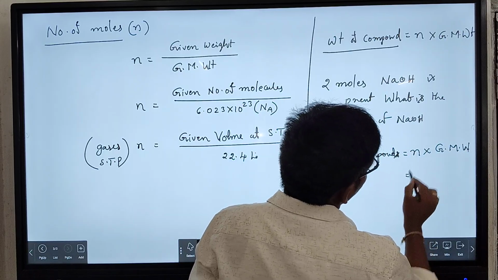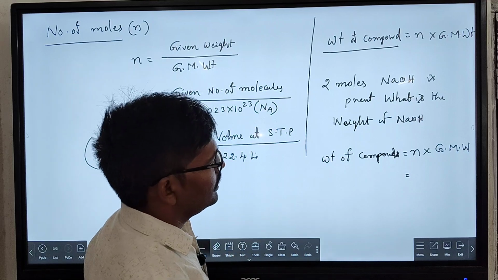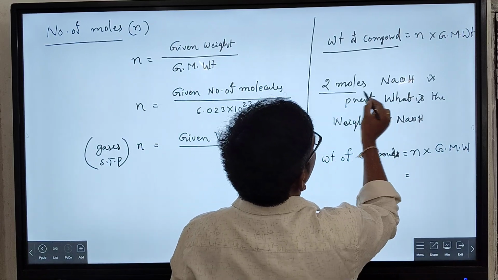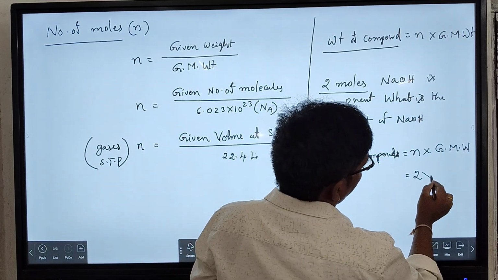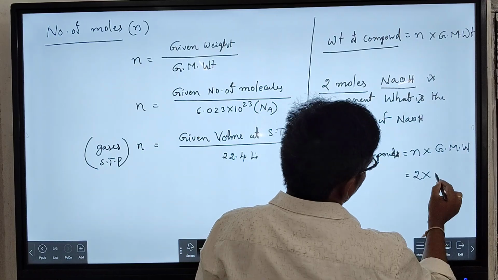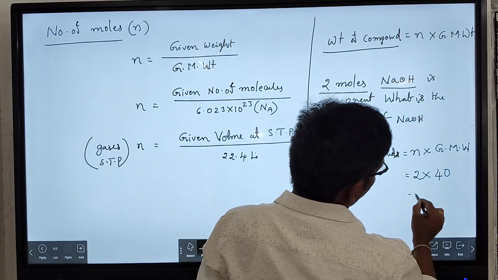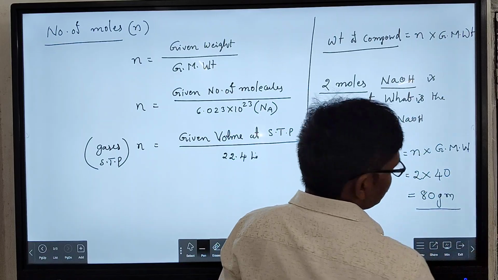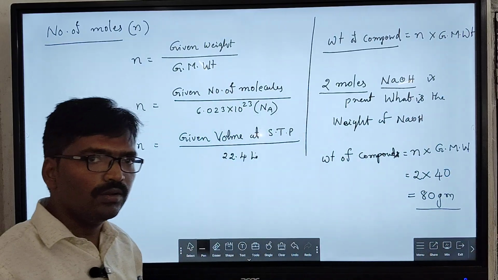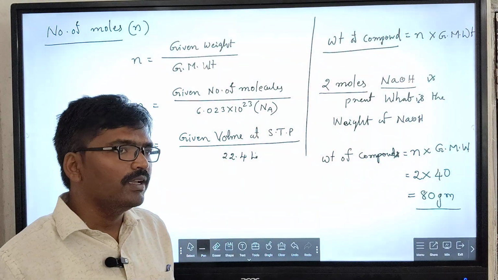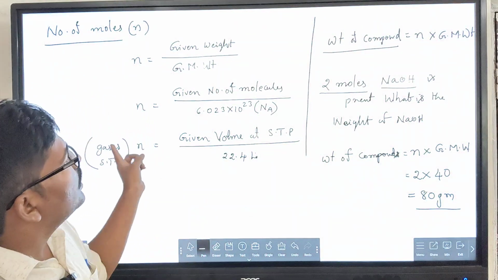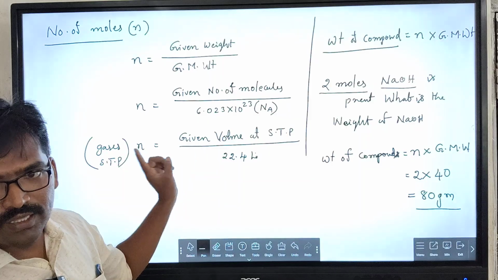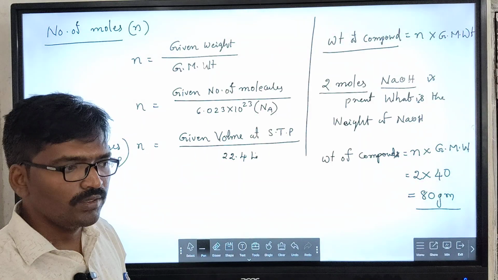Number of moles is 2 moles. Then the gram molecular weight of NaOH is 40. Then the weight of that particular component is 80 grams. So like this, if they give the number of moles, you can convert it into the weight. If they give the weight, you have to convert it into the number of moles. So these formulas we have to use.